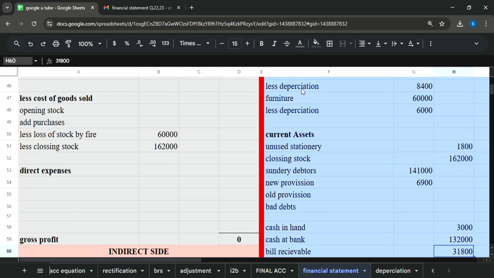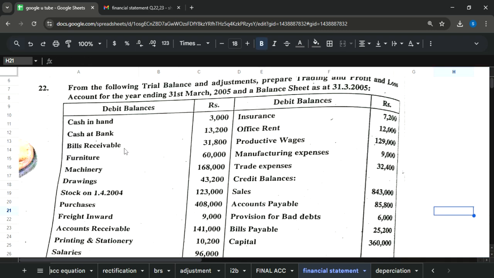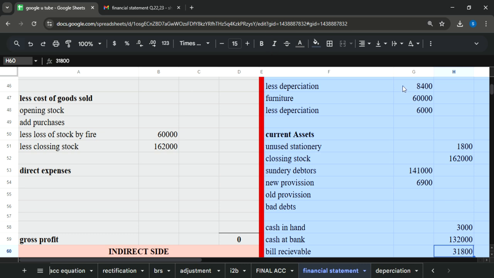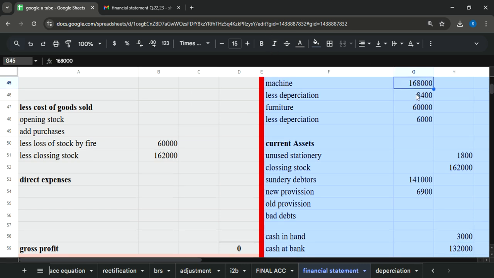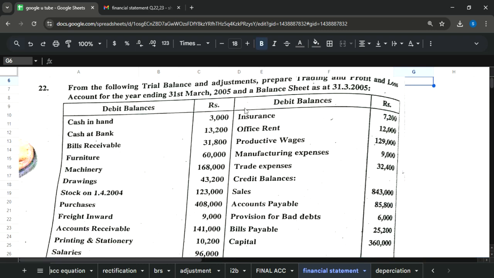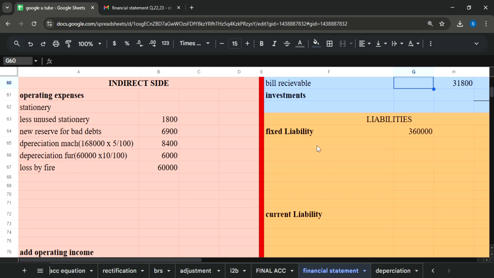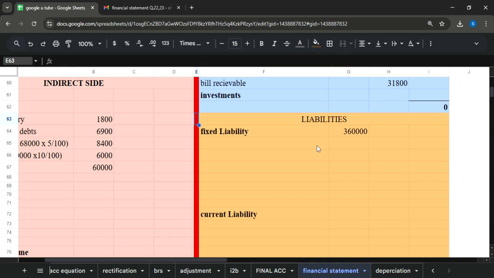and you can see that furniture is 60,000. After furniture we have machinery, and this is also already written. Machinery 168, you can see in fixed asset side. Then we have drawings. Drawing is part of your liability side, and here you will mention your capital in fixed liability side.